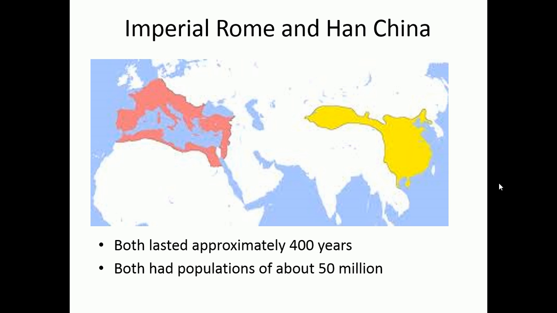The Han Dynasty has a lot more set parameters for its dates, from about 200 BCE to about 200 CE, if that can set you in a time in history. And both of them have a population of about 50 million people, and both of them cover several million square miles. So they're of about equivalent size, of about equivalent population, and they lasted about the same amount of time. Let's go ahead and look at the structure of each of the empires, because that's an important component.